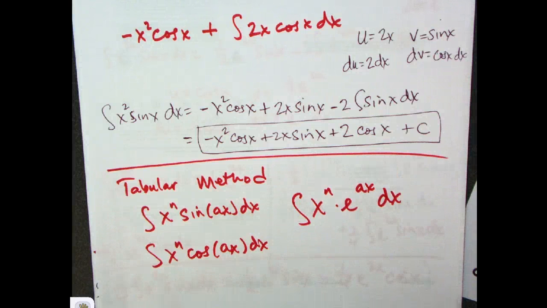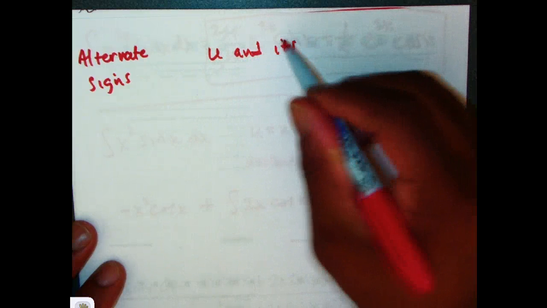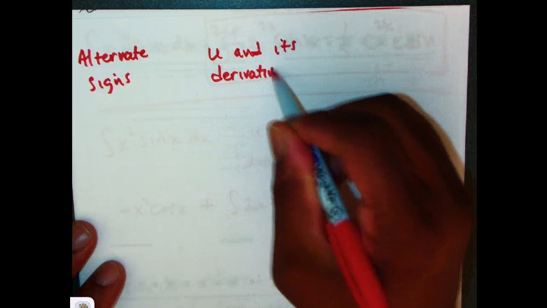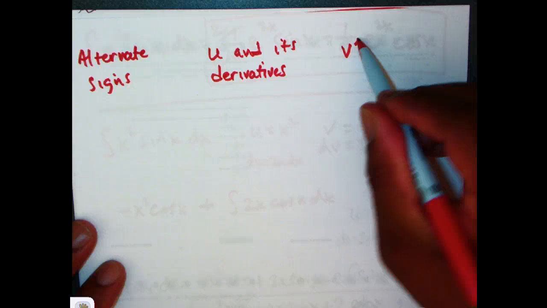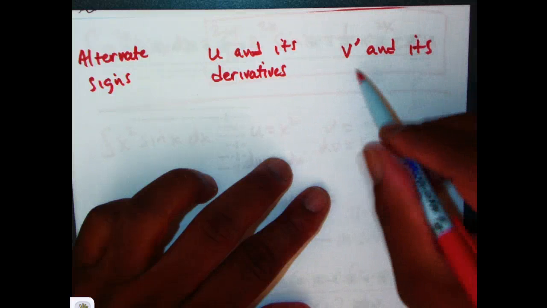Okay, the way it works is you're going to use a tabular 3-column method. And your 3 columns consist of alternate signs, u and its derivatives, and v prime and its antiderivatives.